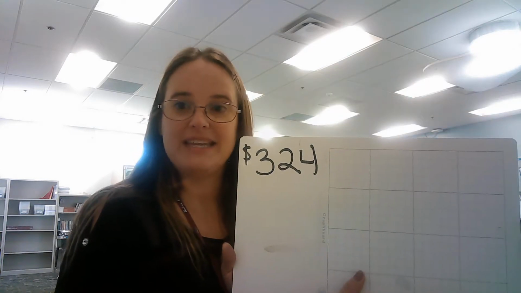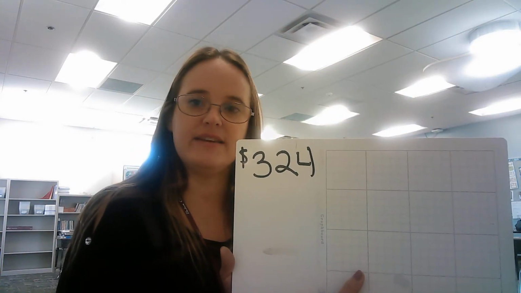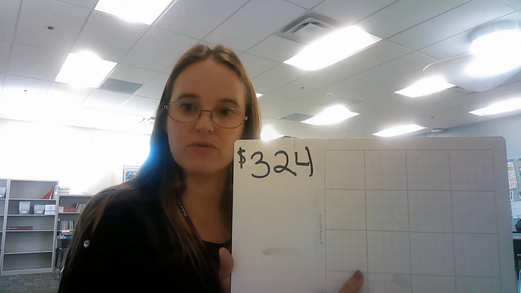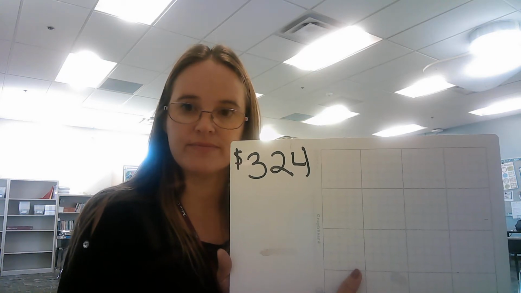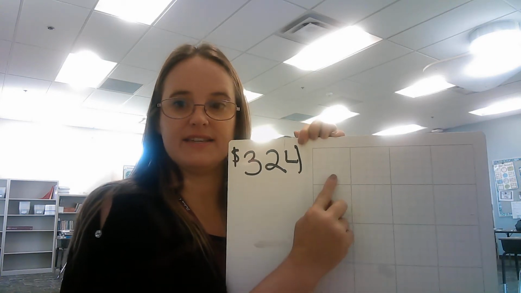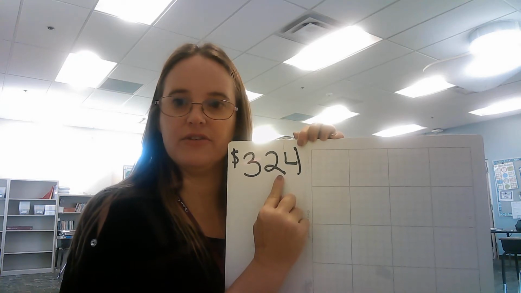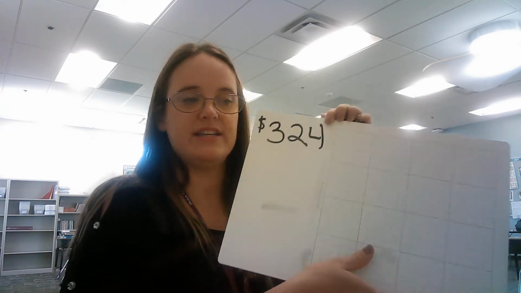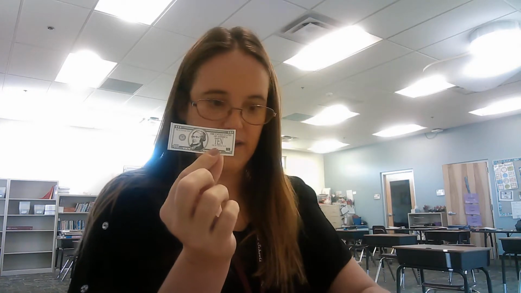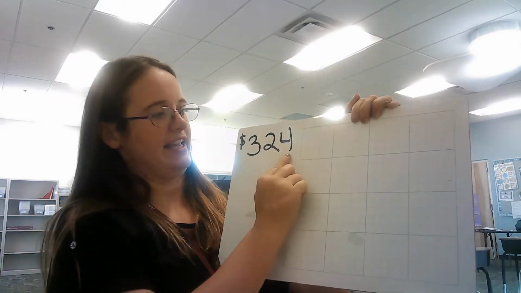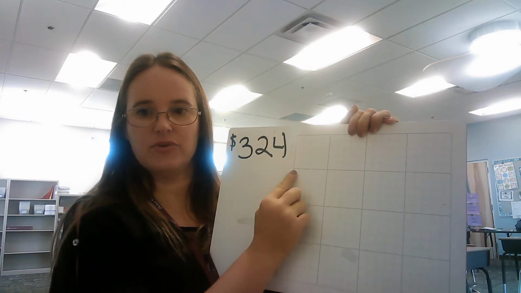Now I need to look at my tens. How many $10 bills do I need to make $324? If you're looking at the tens place over here, 2. I need 2 $10 bills. So I have 1 $10 bill, 2. I'm going to set those up on my work area here. And finally, how many ones do I need for $324?